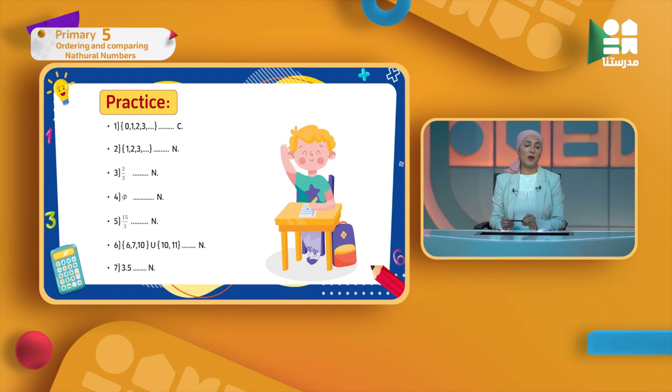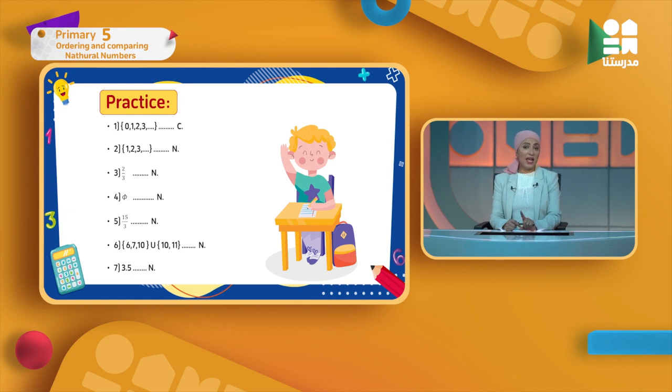And when I have a relation between an element and a set, I use either belong to or does not belong to. So here in the first question, we have a relation between two sets. Then I have to choose either subset or not subset. Okay? So here, is the set of numbers 0, 1, 2, 3 a part of the counting numbers? No.